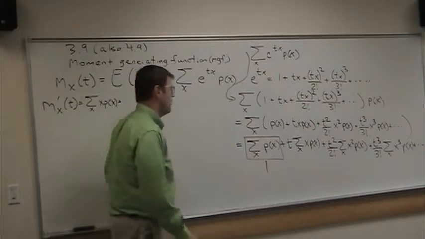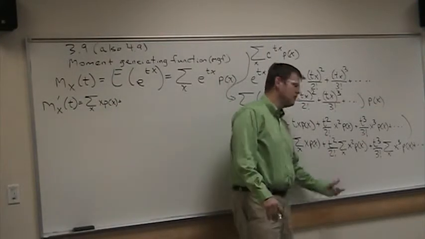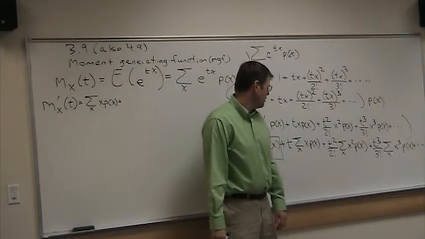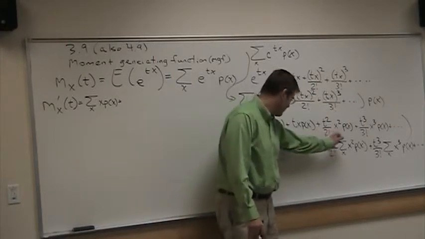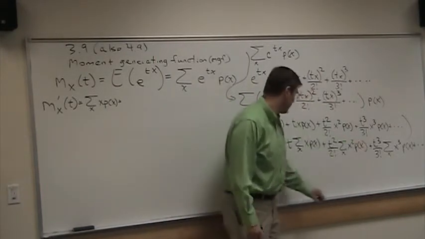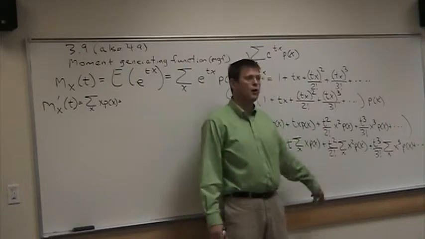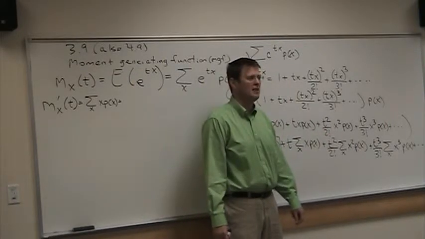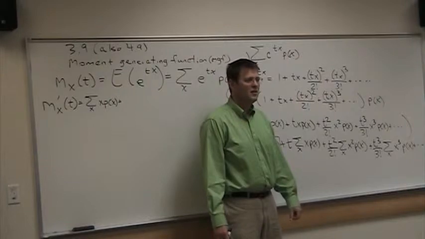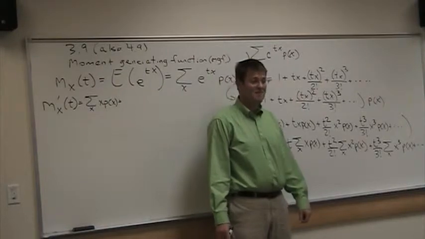Now, for the next term, in terms of the coefficient, we're going to bring all of this over, but the derivative of t squared over 2 factorial with respect to t is just t, right?